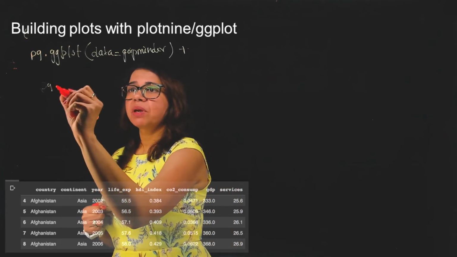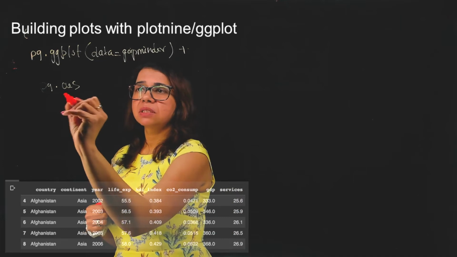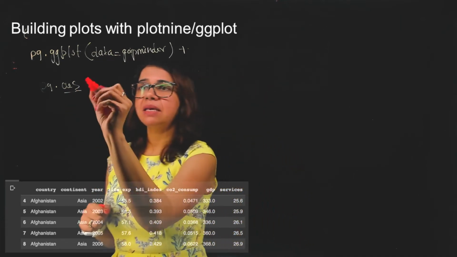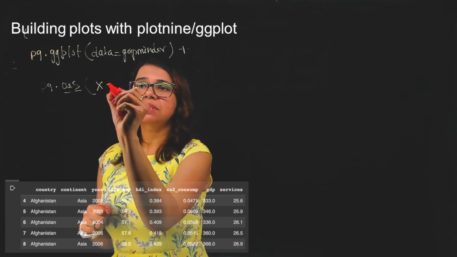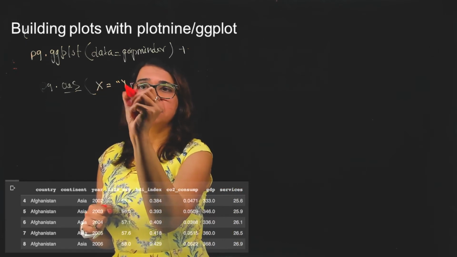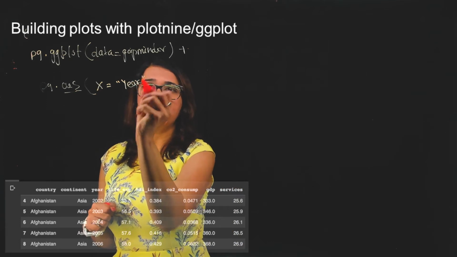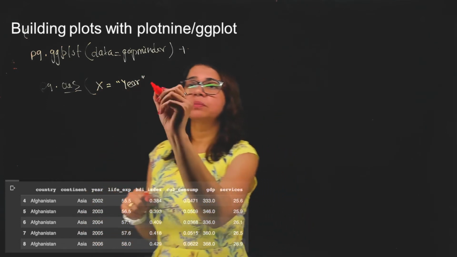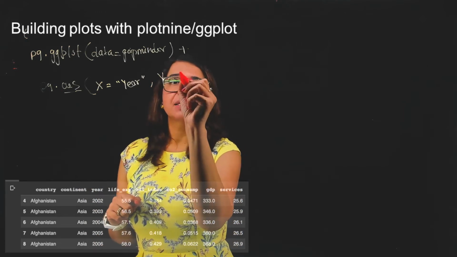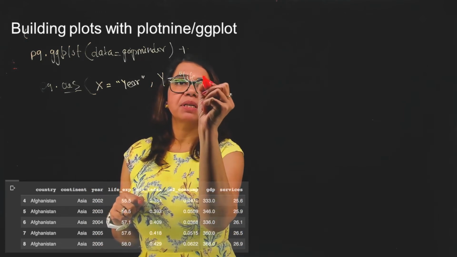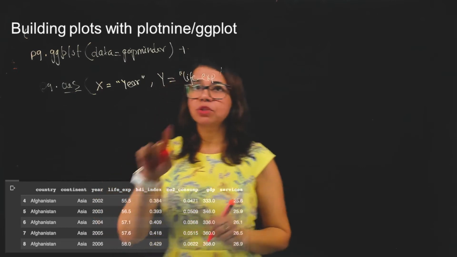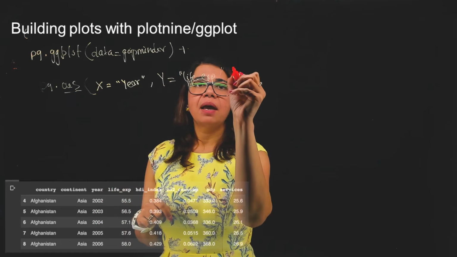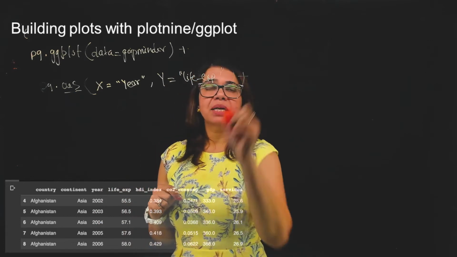Aesthetic mapping will be done by using the function called aes. And here I will tell it that on the x-axis, please plot the year column. This is the same column from your data table. And on the y-axis, I want life expectancy, which should be the exact name as it is in your table. And that's it. That's my second layer.